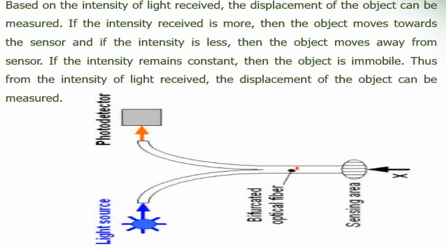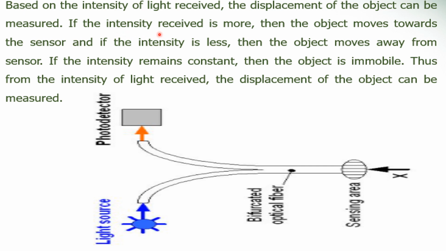So this is the actual picture you can see. Light source, transmitting fiber, it hits the sensing area, reflects, comes back, and enters the photodetector where the optical signals are converted into electrical signals, further amplified, and you can calculate the displacement. Based on the intensity of light received, the displacement of the object can be measured.